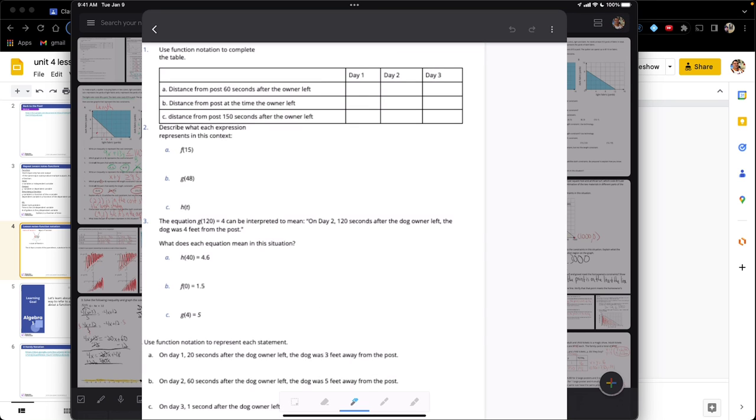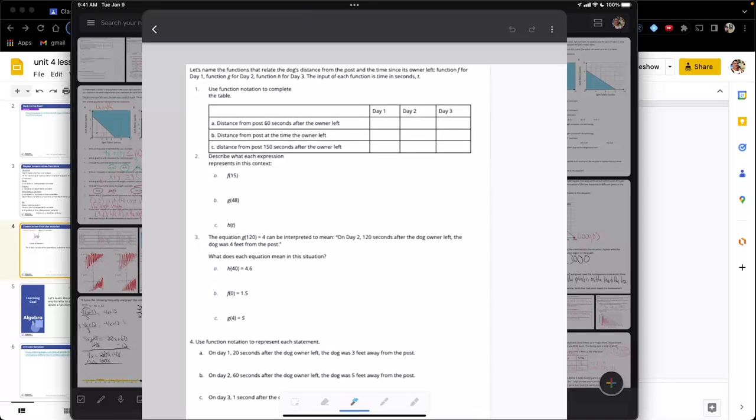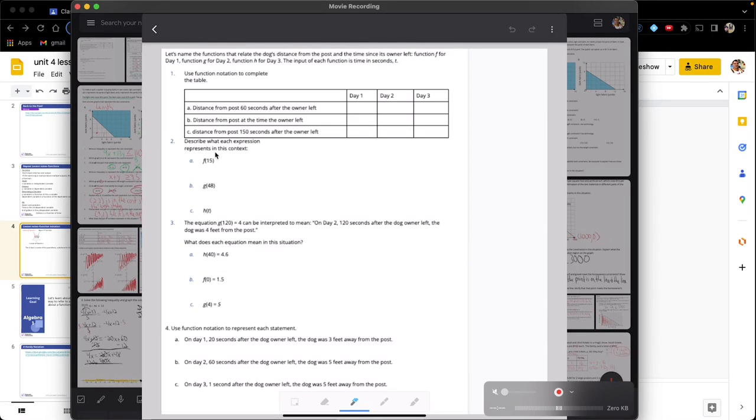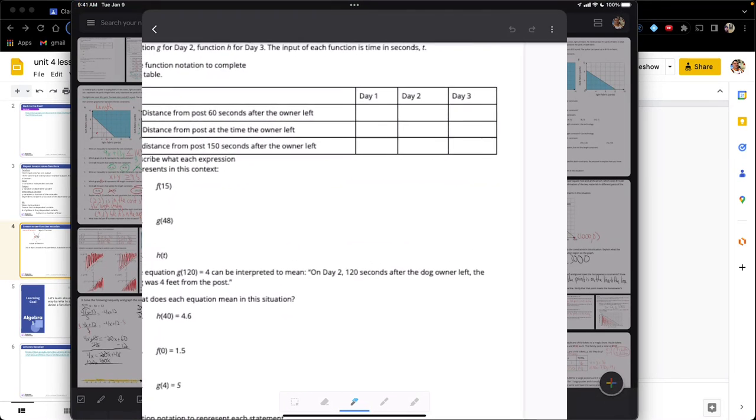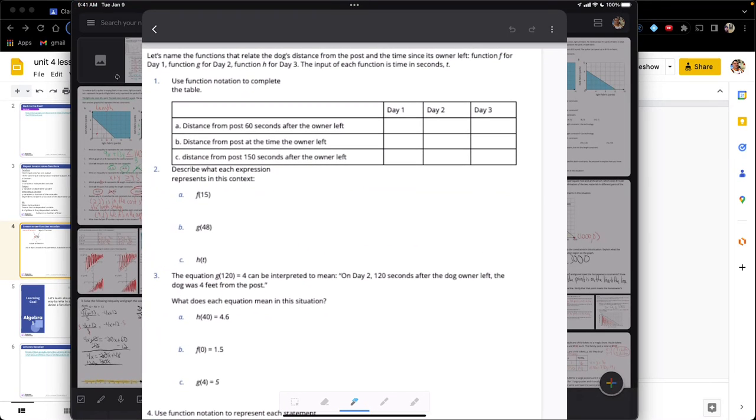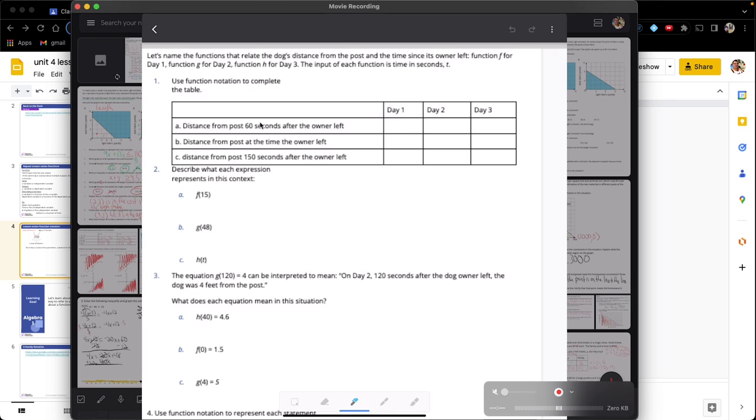So use function notation to complete the table below. So let's name the functions that relate the dog's distance from the post and the time since its owner left. Function F for day 1, function G for day 2, and function H for day 3. Okay, so day 1, let's just do day 1 first.